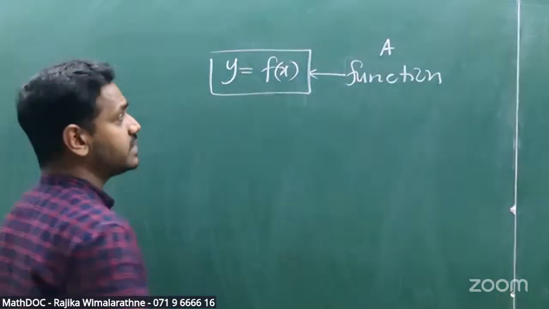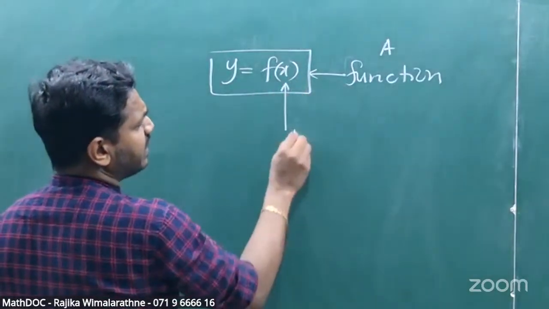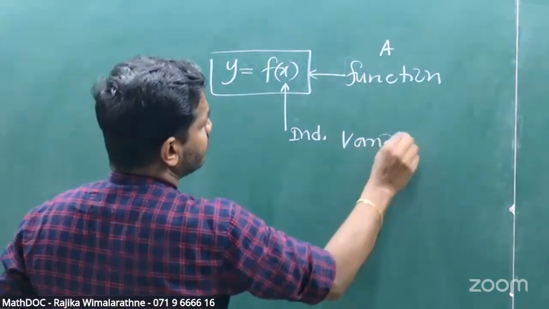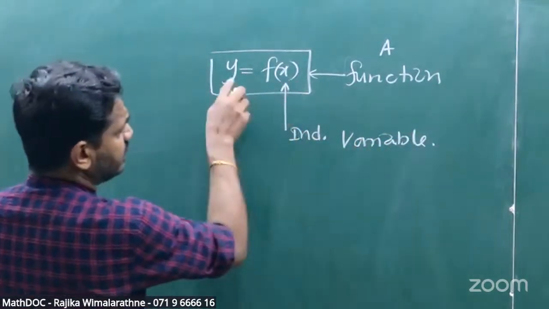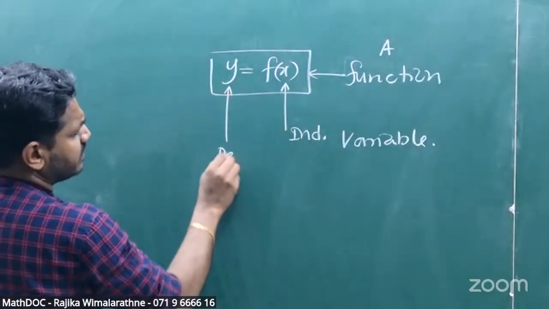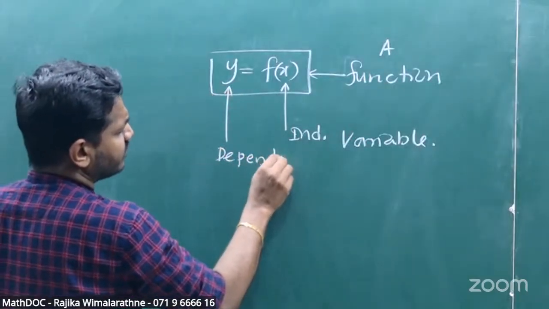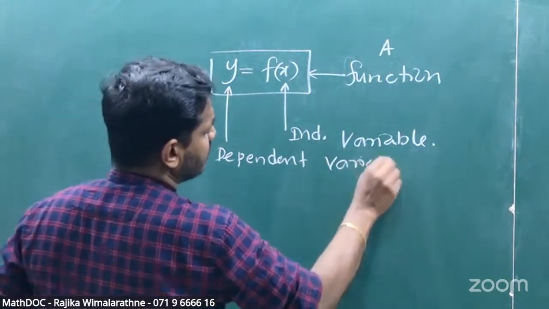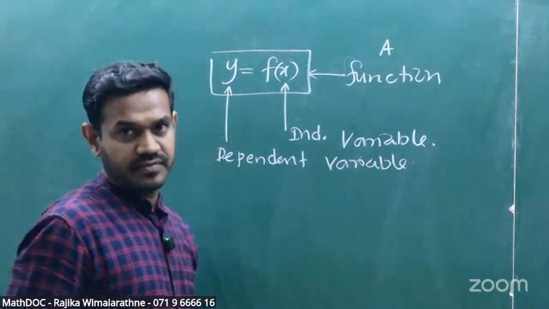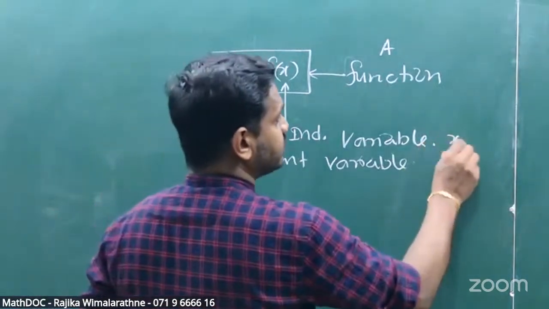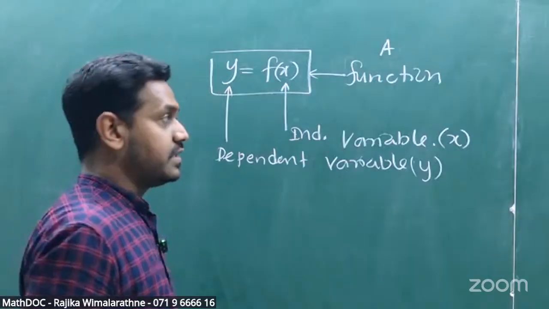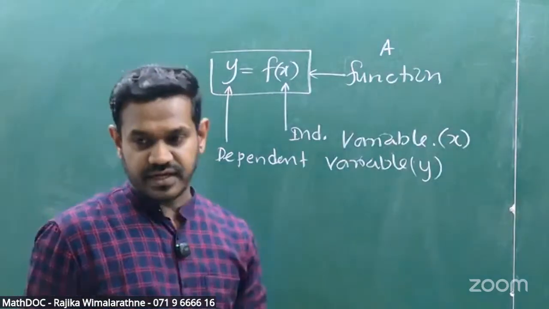In this function, this is the independent variable, and this is the dependent variable. Usually we denote the independent variable by x and the dependent variable by y.